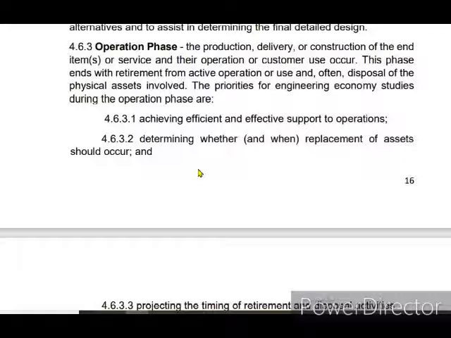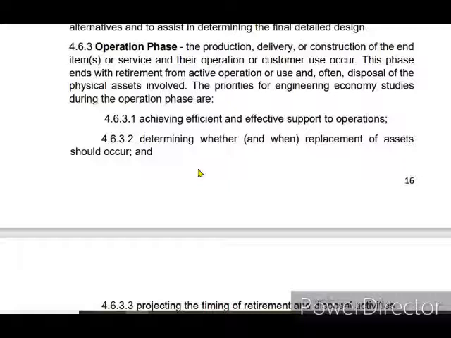So this phase ends with retirement from active operation or use and often disposal of the physical assets involved. And of course, this service will end in what we call retirement.